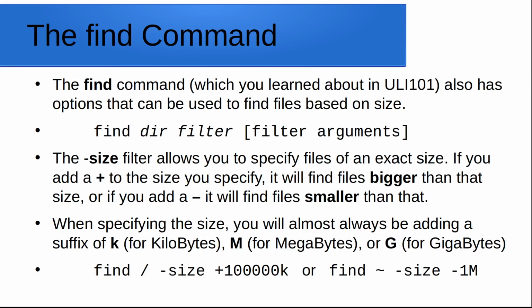When you're specifying the size with this, you usually want to add the suffix, so K for kilobytes, M for megabytes, G for gigabytes. Example here: find from where? It's the next thing you need, so here it would be from root, size greater than 100,000 kilobytes. Or we have another option here, find from your home directory with a size less than 1 megabyte. Useful stuff.